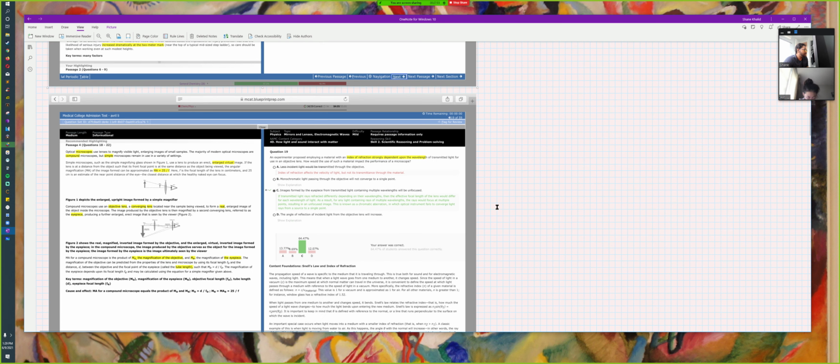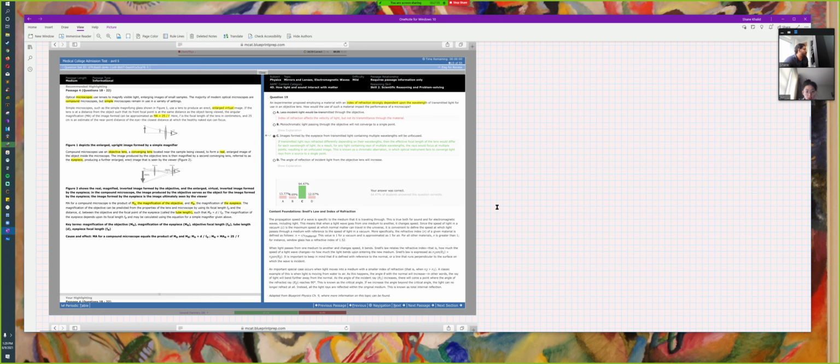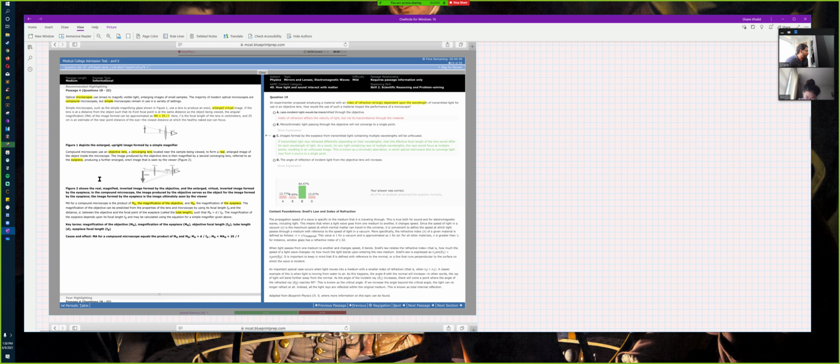Okay, next passage, passage 4. An experimenter proposed employing a material with an index of refraction strongly dependent upon the wavelength of transmitted light for use in an objective lens. The objective lens is in a compound microscope, where they essentially use two lenses.